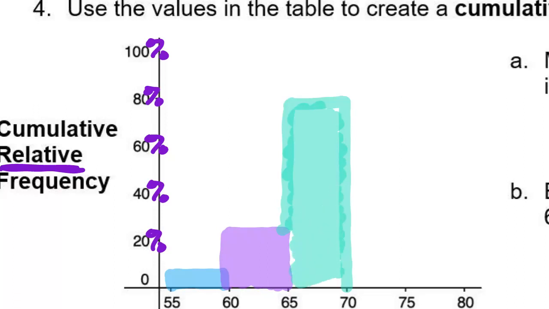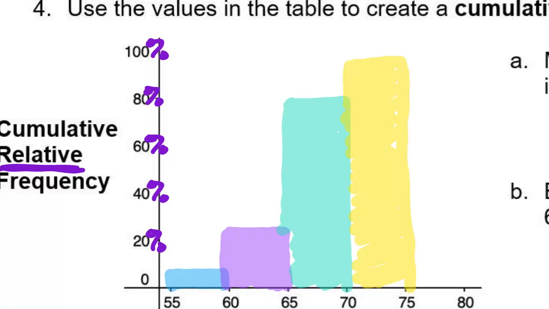And then 70 and 75, when we went that far over, we were now at 95%, so almost up at the very tippy top. And at the very end, we got up to 100%.